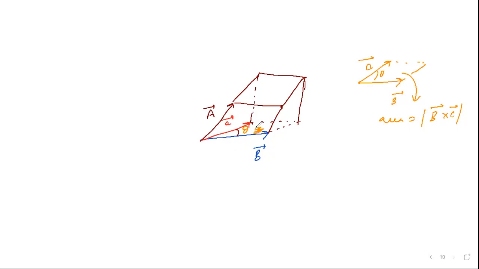So this base area is the magnitude of the B cross C vector, right? Now you know B cross C vector is perpendicular to the plane formed by B and C. So B cross C vector is along this direction. Not the right thing. No. This is B cross C.